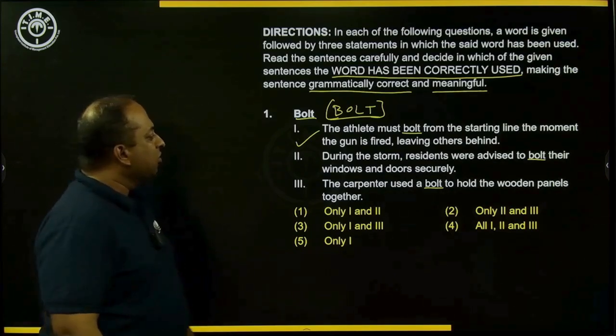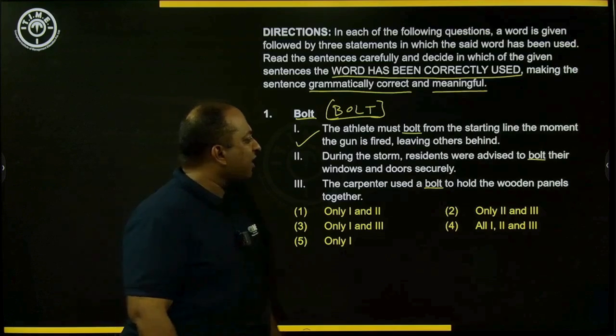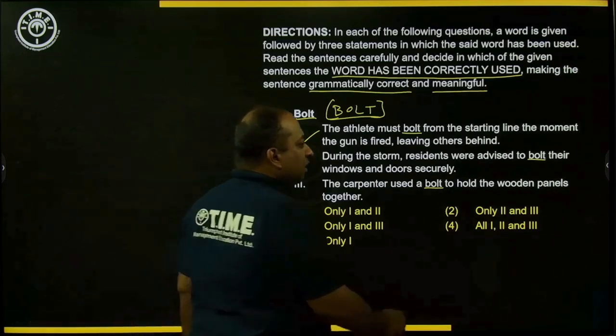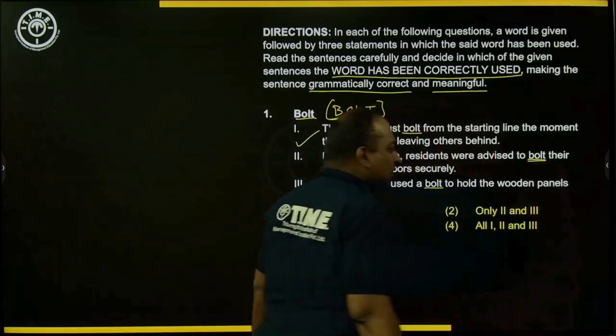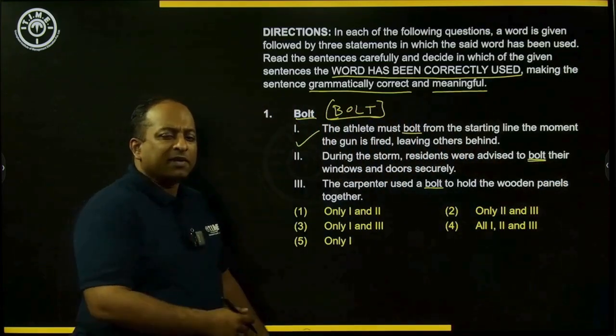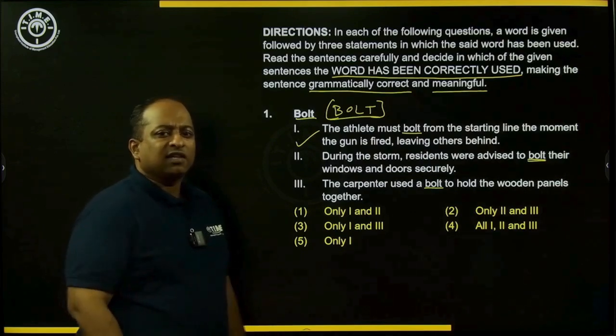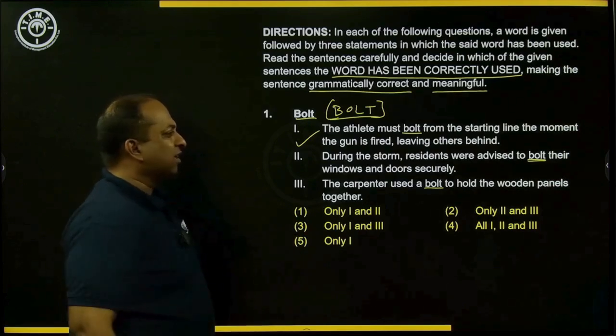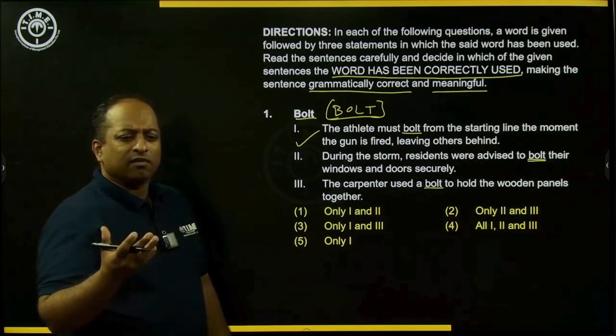Second statement, during the storm, residents were advised to bolt their windows and doors securely. So here the word bolt is again being used as a verb. The meaning of the word bolt in this context is to fasten something, to hold something together, especially doors and windows.